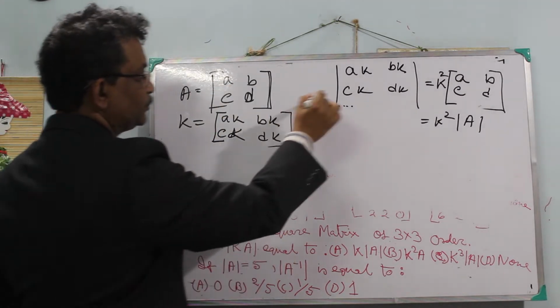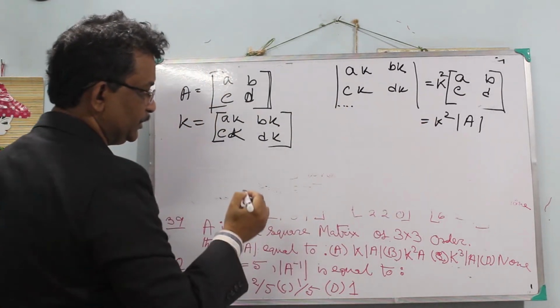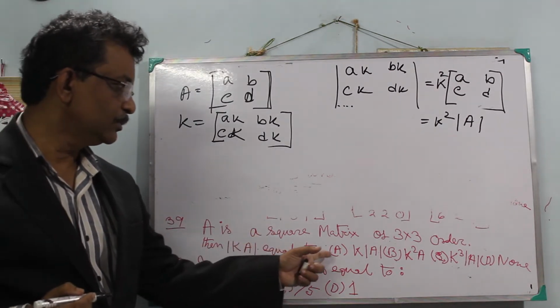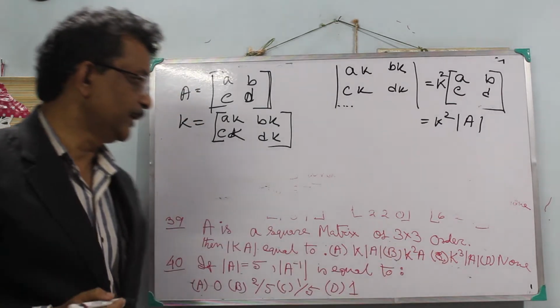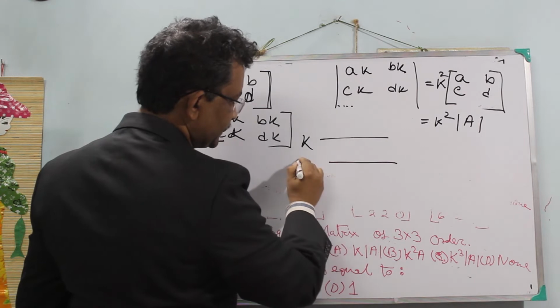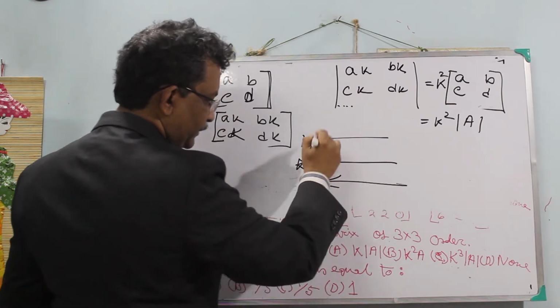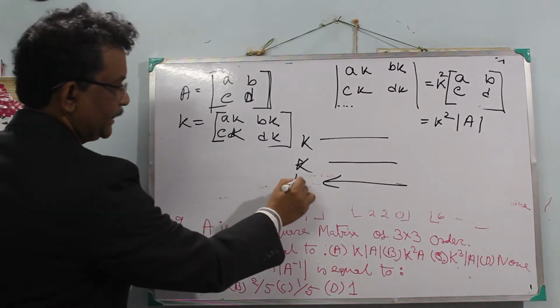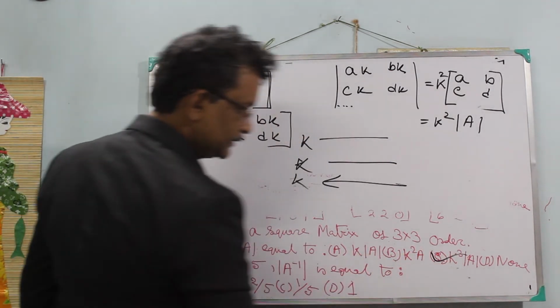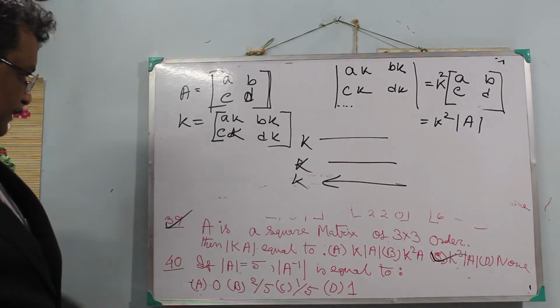Since it is order 2, K square. If it is order 3, then det KA is equal to K cube into det A, because we can take K common from the first row, then again K for each row. So it will be K cube. So the correct answer is K cube A.